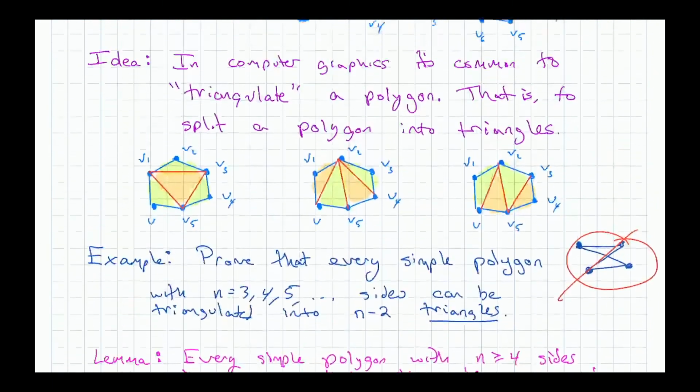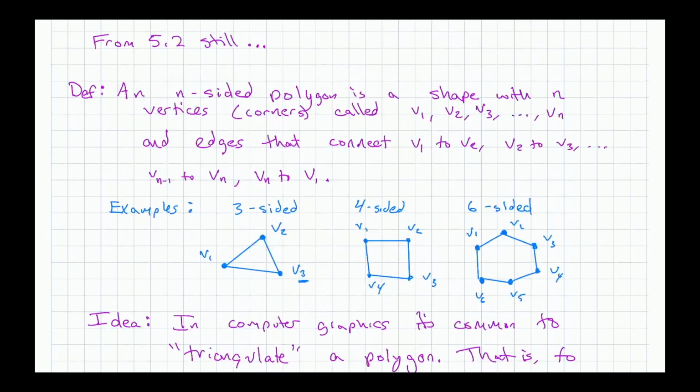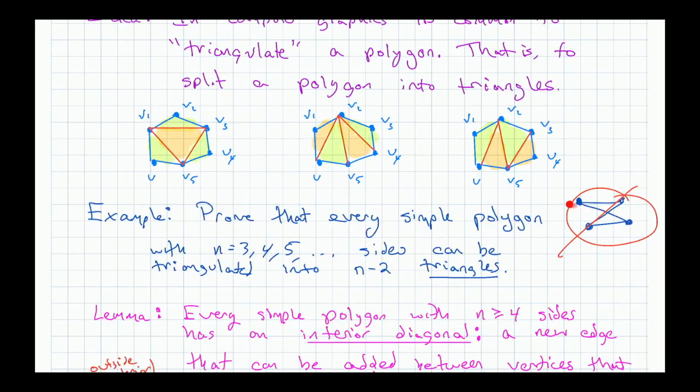Like back up here, when I was drawing polygons, I said an n-sided polygon looks like this or this or this kind of thing. That's because I wasn't thinking about what if I drew it with sides crossing like this one. I didn't think about it, but that could have happened. So you actually needed some definition of a simple polygon, which I didn't even write down, that said the sides were not allowed to cross each other.